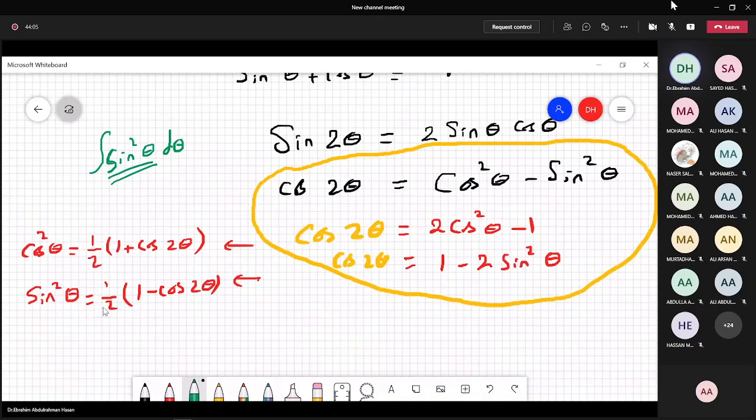This is linear. Then the integration of half is straightforward, equal to half theta. And the integration of cosine 2 theta, again straightforward, is sine 2 theta divided by 2. In this way, I solved the problem of the sine square.